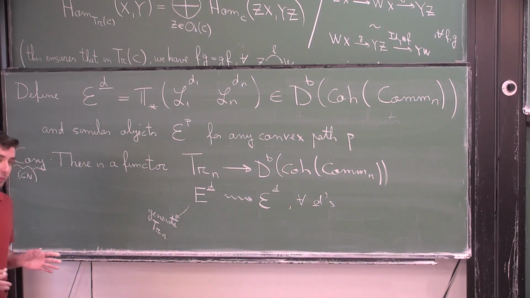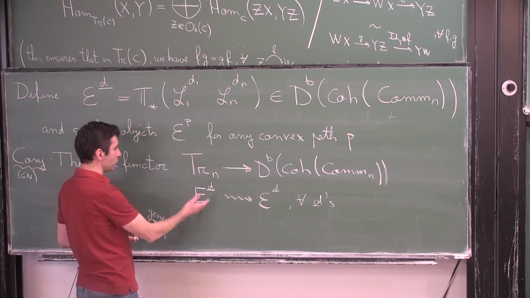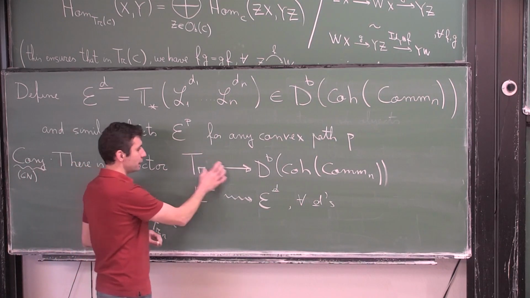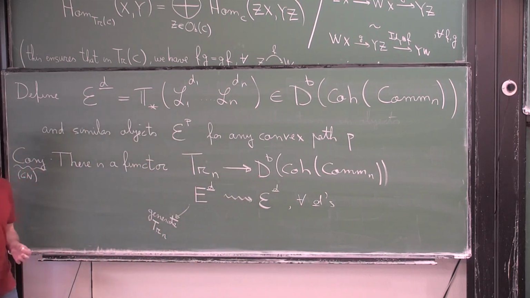It doesn't say anything about what it does to morphisms because we don't have control over morphisms. If I have some time at the end of this talk and people are interested, I can say a little bit about morphisms, but we certainly do not understand all morphisms here and all morphisms here, but we have a decent understanding of objects, and this is how we think this functor should be.